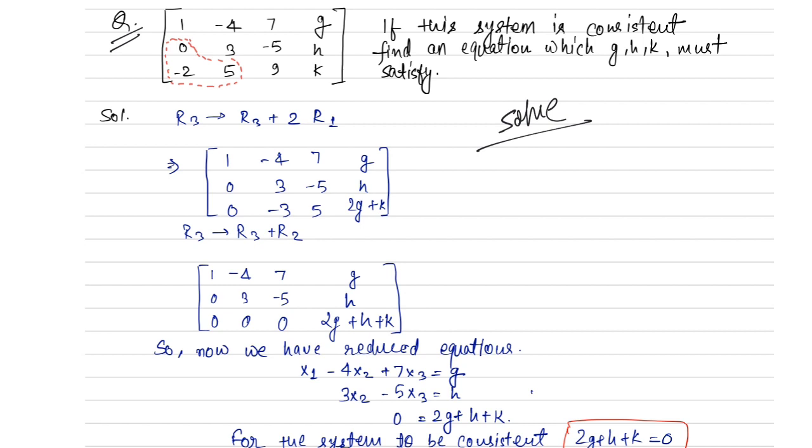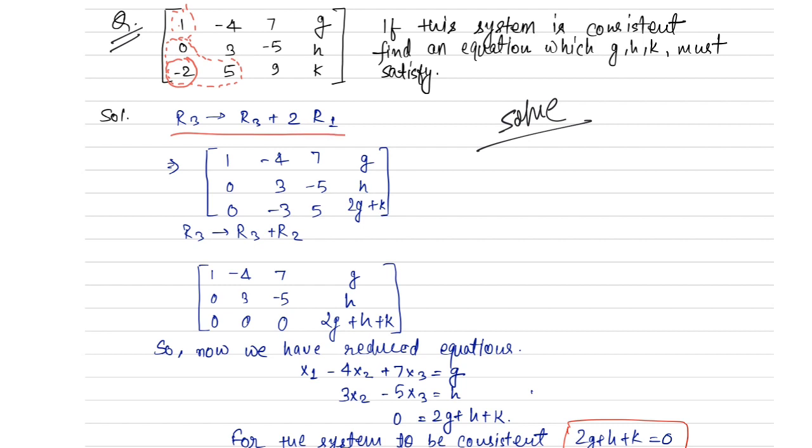To convert this -2 into 0, if we multiply row 1 by 2 and add it to row 3, this -2 becomes 0. How? If we multiply row 1 by 2, this position becomes 2, and if we add -2 and 2, it becomes 0. So I have done that here.